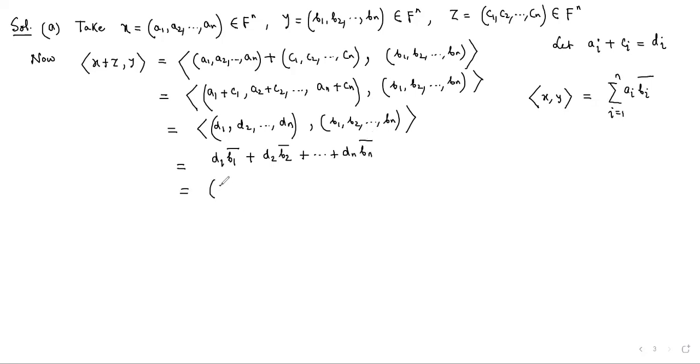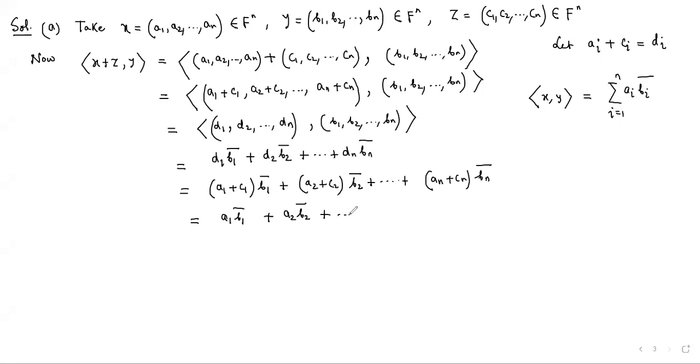Now let's resubstitute this: (a1 plus c1) into b1 bar plus (a2 plus c2) into b2 bar plus dot dot dot plus (an plus cn) into bn bar. Now you can multiply the numbers: a1 b1 bar plus a2 b2 bar plus dot dot dot plus an bn bar.